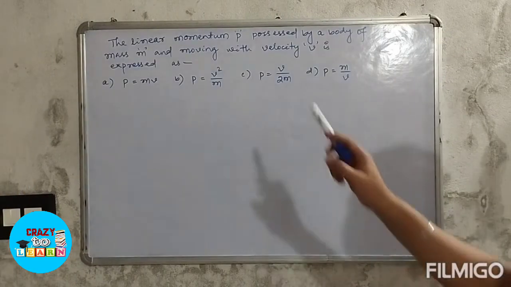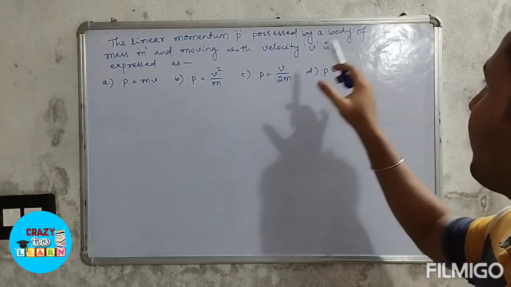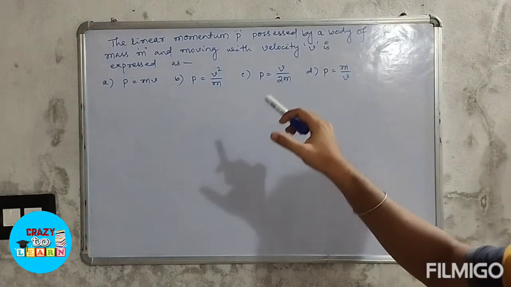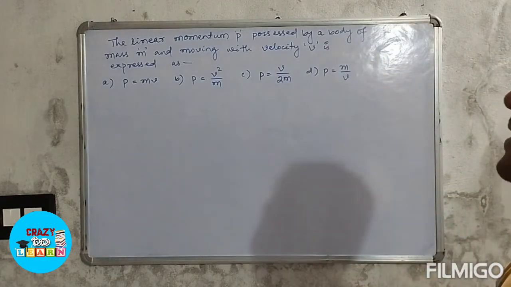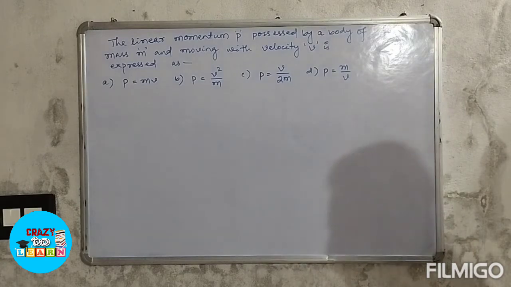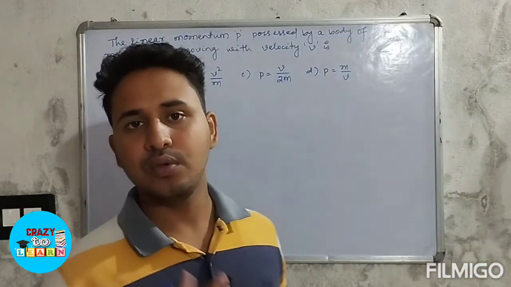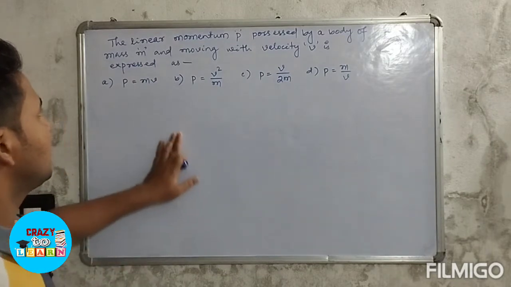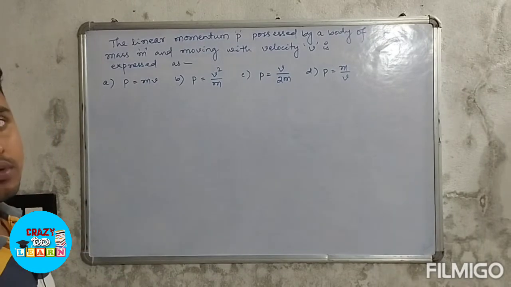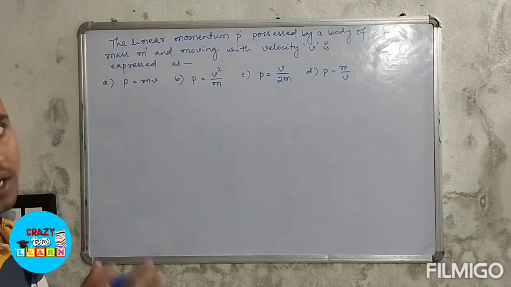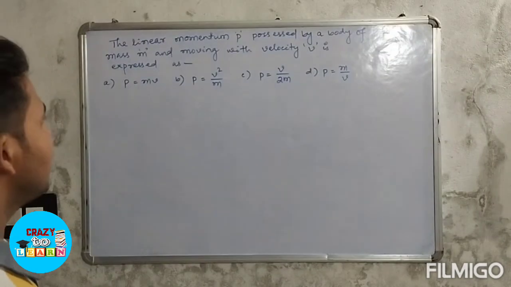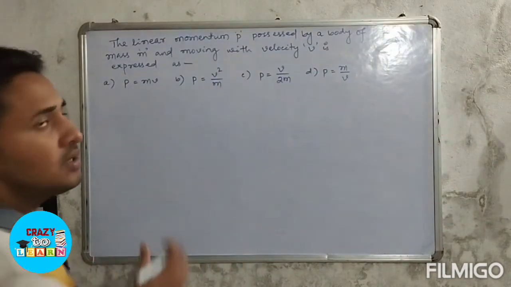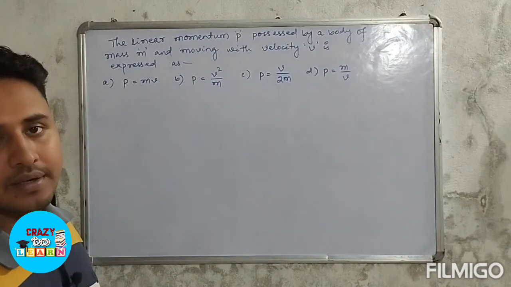The question is, the linear momentum P possessed by a body of mass m and moving with velocity v is expressed as. From Newton's second law of motion, we know that the rate of change of momentum is directly proportional to the applied external force, and from Newton's second law we derived that F is equal to ma.